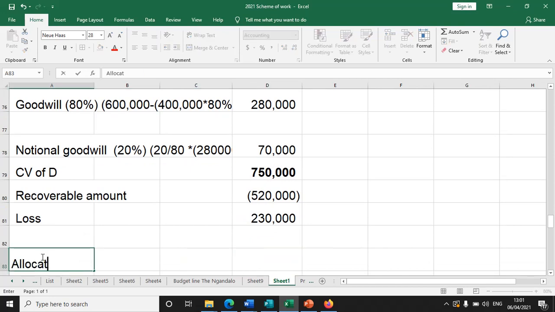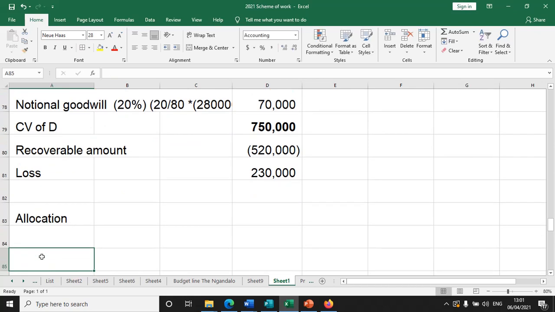should be allocated appropriately. And in our allocation, we want to be a little bit careful, because remember that goodwill must go first. So goodwill is going to go first.